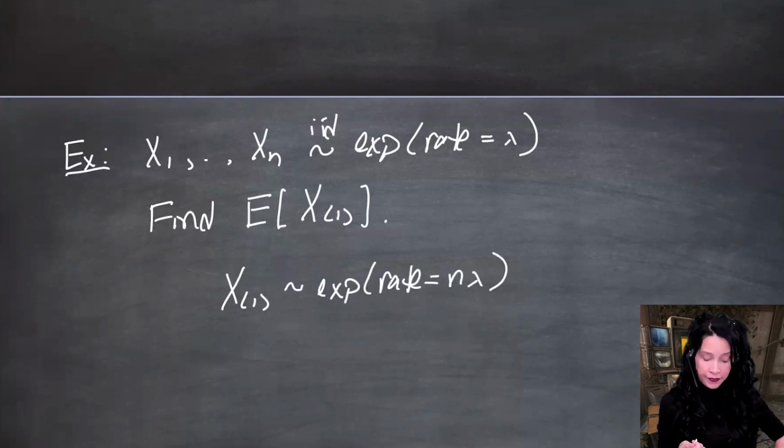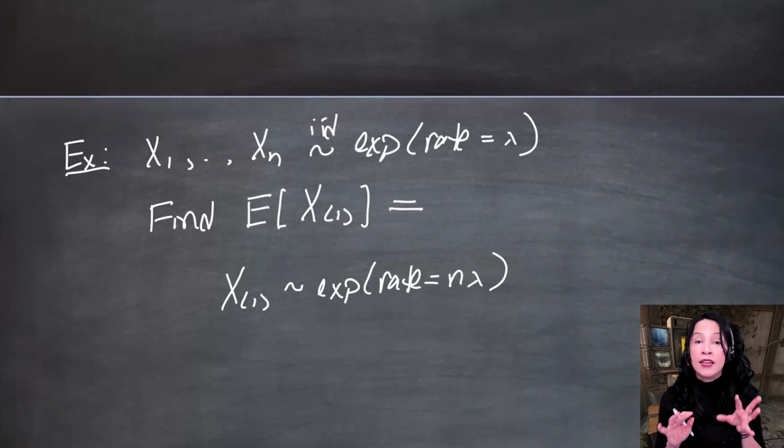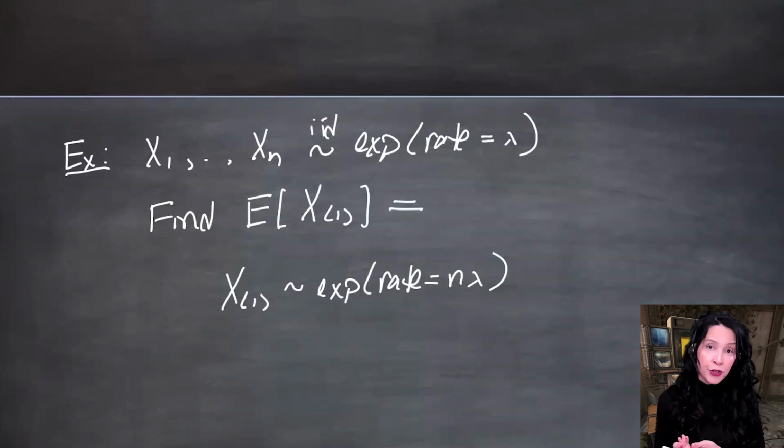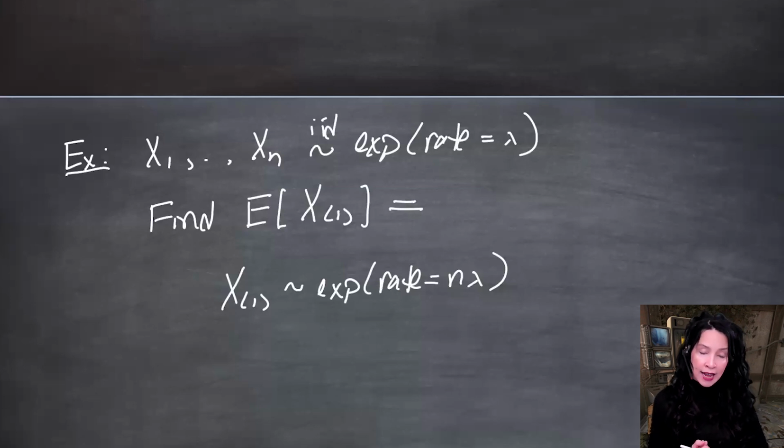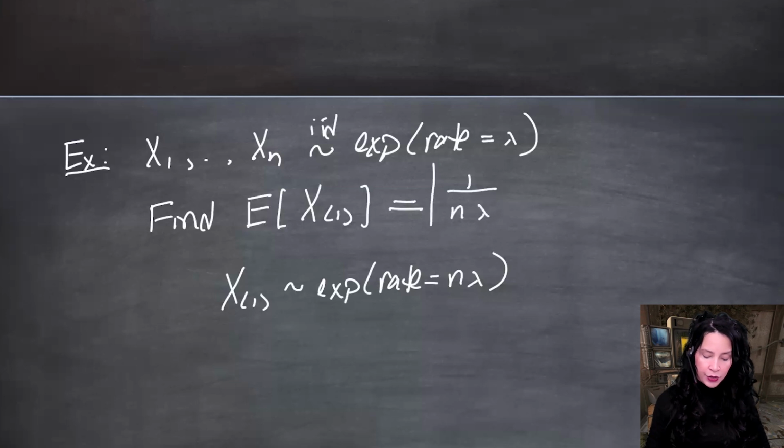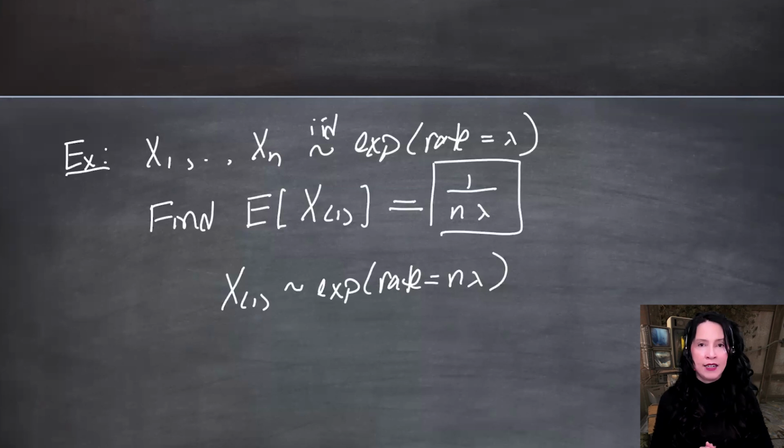Go to your table. If it doesn't say work it out from scratch, certainly your table is valid. The expectation or mean for an exponential with rate lambda is 1 over lambda. So for an exponential with rate n lambda, it's 1 over n lambda. You don't have to go doing that from scratch unless I specifically ask for that in an exercise.